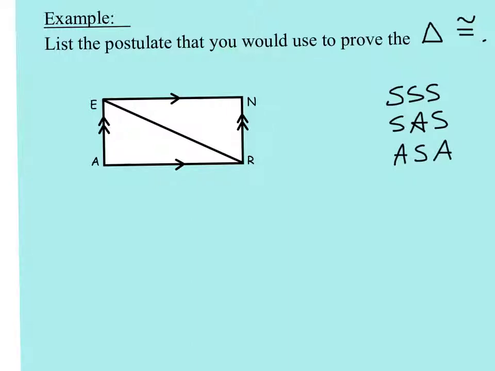When I take a look at this figure, triangle 1, triangle 2, forming a rectangle, I notice I have no congruence marks. Instead, I have parallel lines. Well, parallel lines are going to lead to angles that are congruent. So you might look here and see that there's the letter Z, which means I have alternate interior angles congruent when I have those parallel lines. In addition, I have parallel lines going this way.